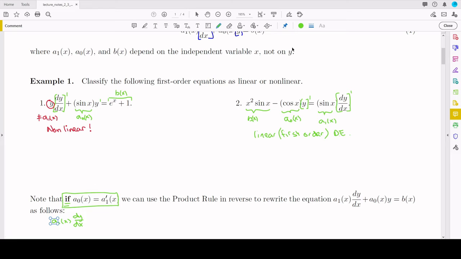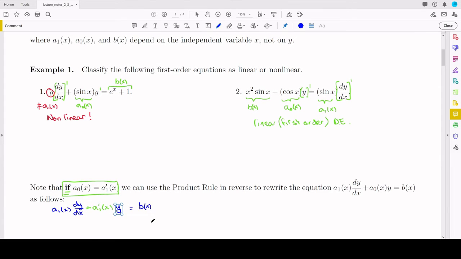So I'm going to write plus a1 prime of x times y, and that equals b of x.